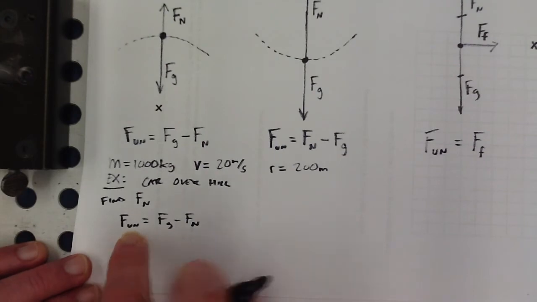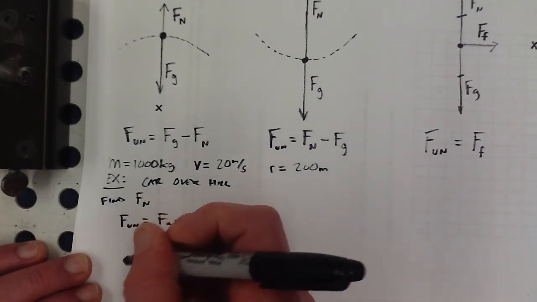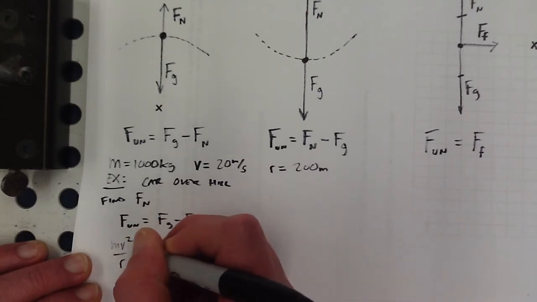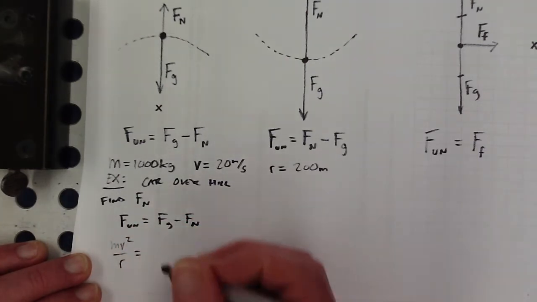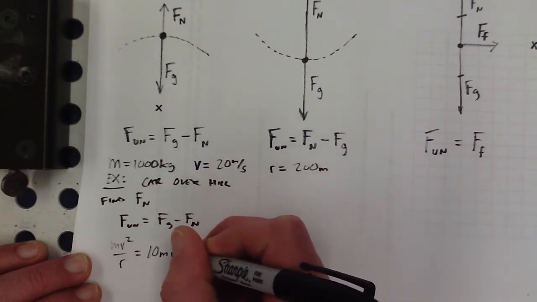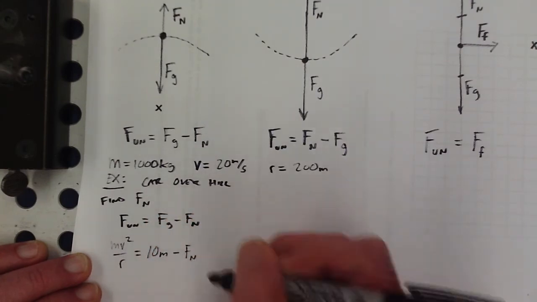So now unbalanced force when you're moving in a circle is mv squared over r, is equal to the force of gravity, which is 10 times m, minus the normal force.